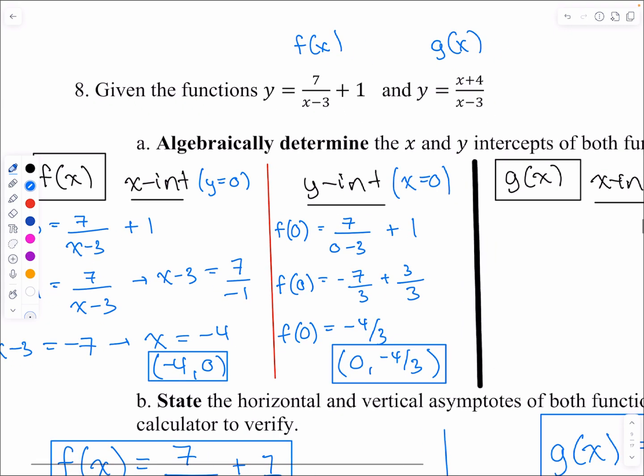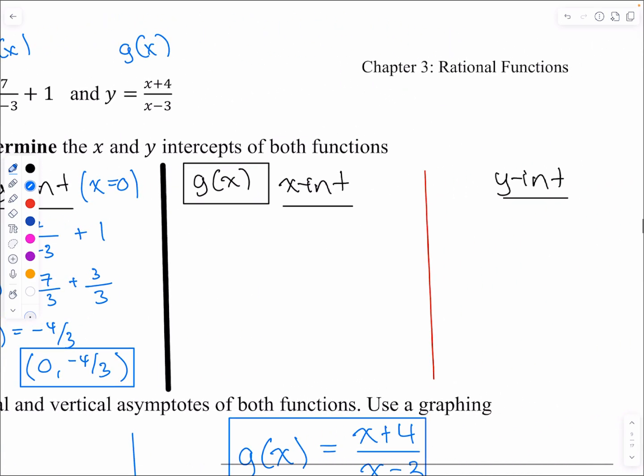Let's do the same for g of x. So for the x-intercept on g of x, again, we're going to evaluate it when y is equal to 0. Okay, so the first step is what we can do.